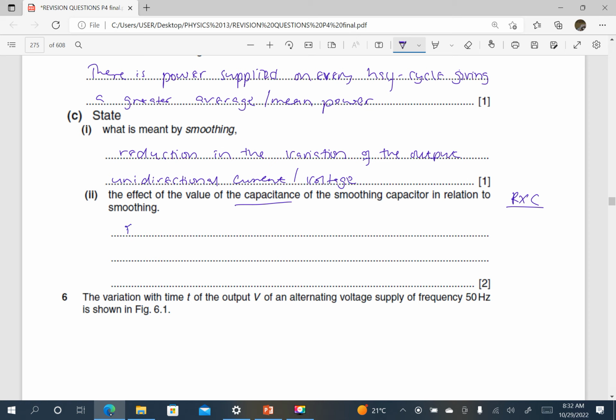So we can say that for the same load, that is for the same resistor, a larger capacitance means the product RC is larger, and this produces more smoothing.